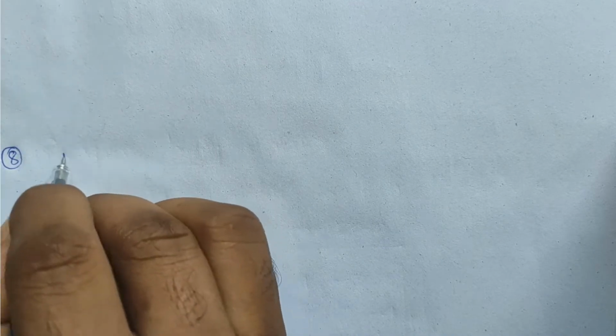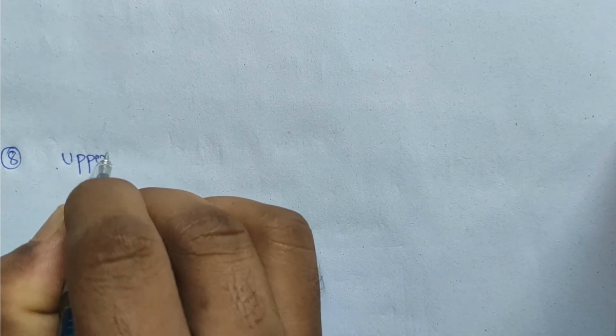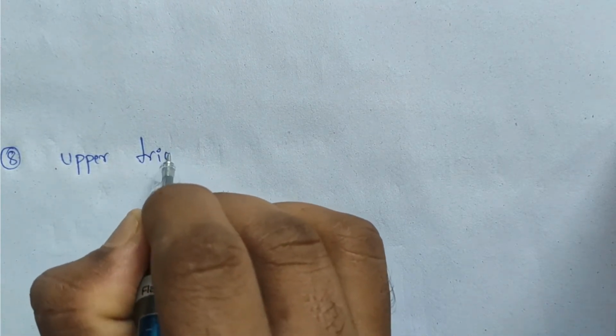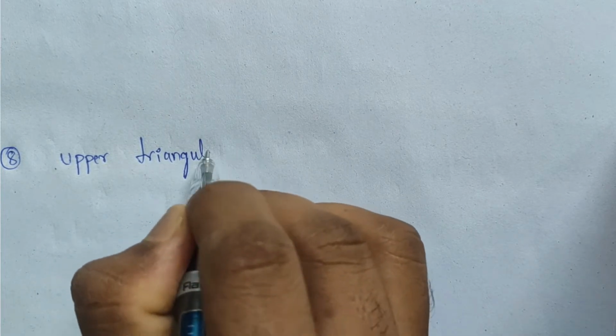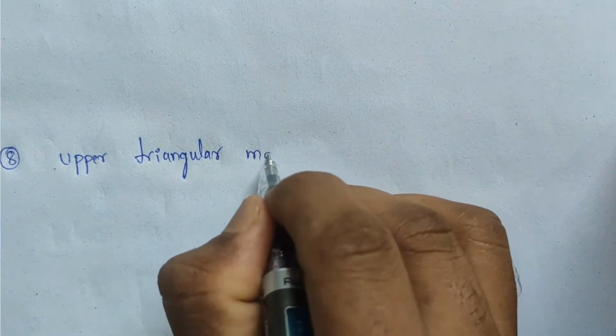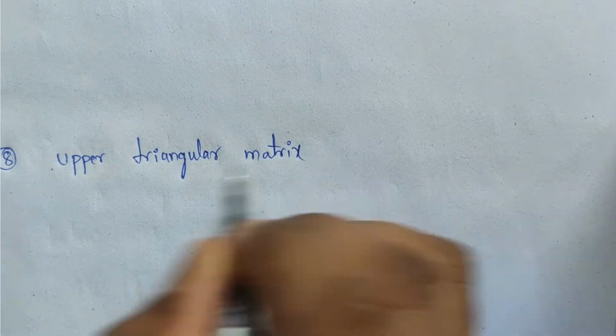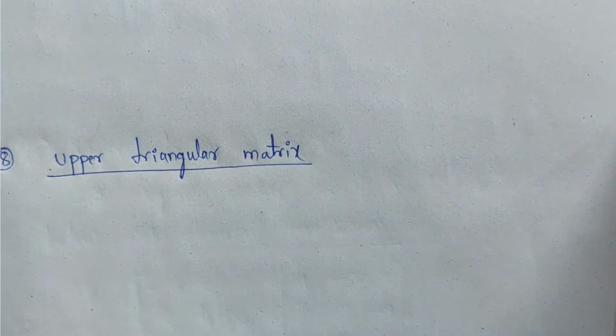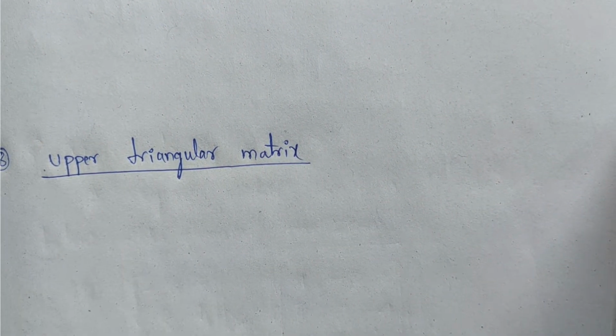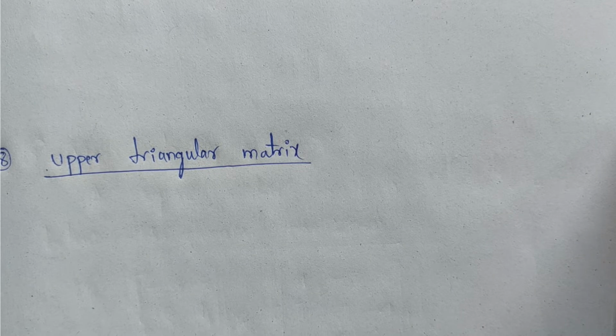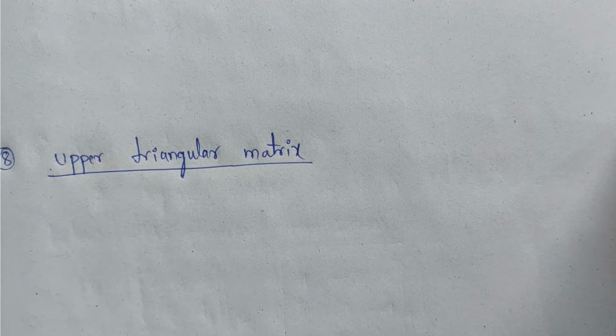The eighth one, upper triangular matrix. What is upper triangular matrix? A square matrix in which all the elements below the diagonal are 0 is called upper triangular matrix.